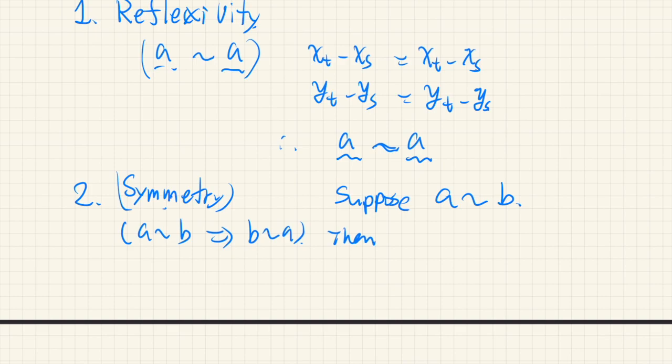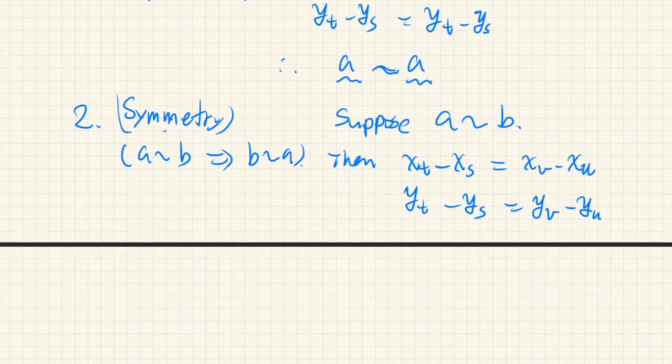by definition we have xt minus xs is equal to xv minus xu, and yt minus ys is equal to yv minus yu. But of course, this equality is the equality between two real numbers. So this is a real number and this is a real number. So of course, it is symmetric.